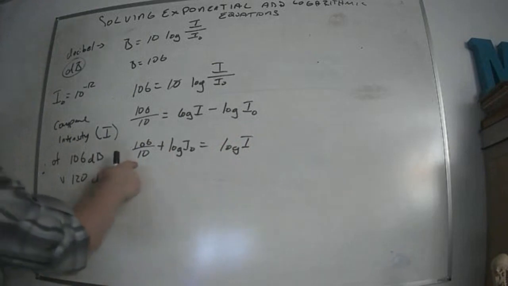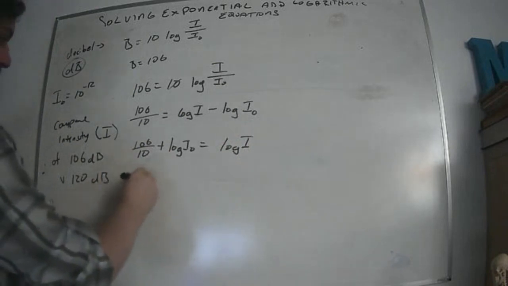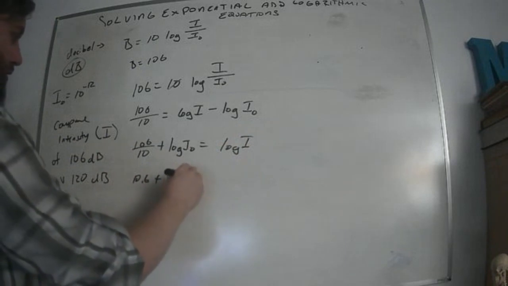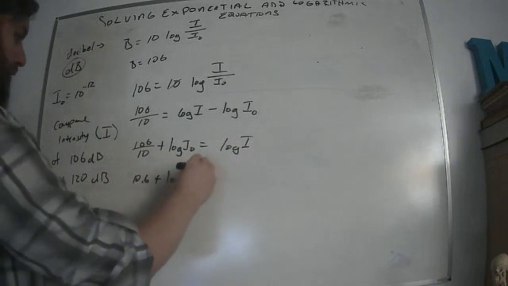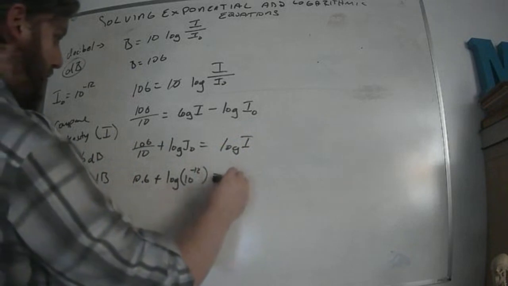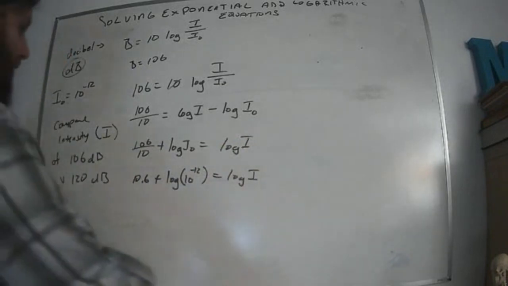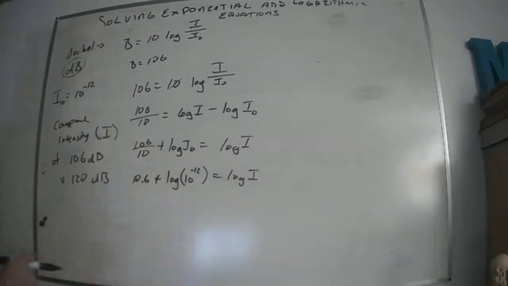This is a number, right? This is 10.6. This is the log of 10 to the minus 12. This is log I. Well, this is another law of logarithms issue where I'm going to use the fact that log of a to the c equals c log a.